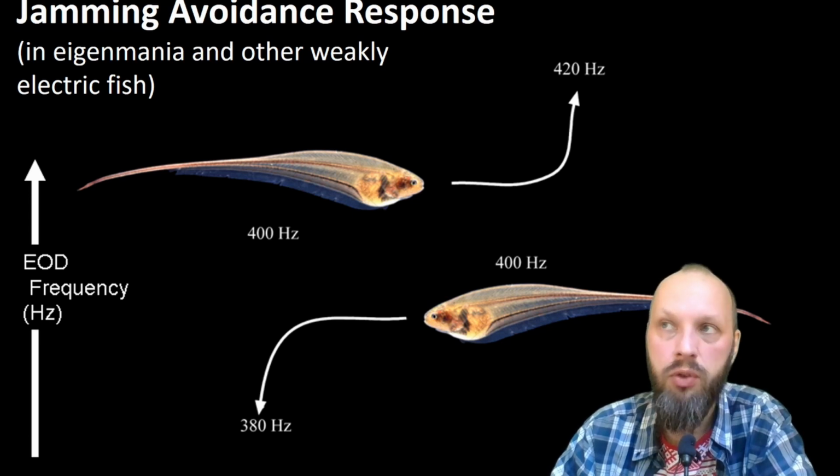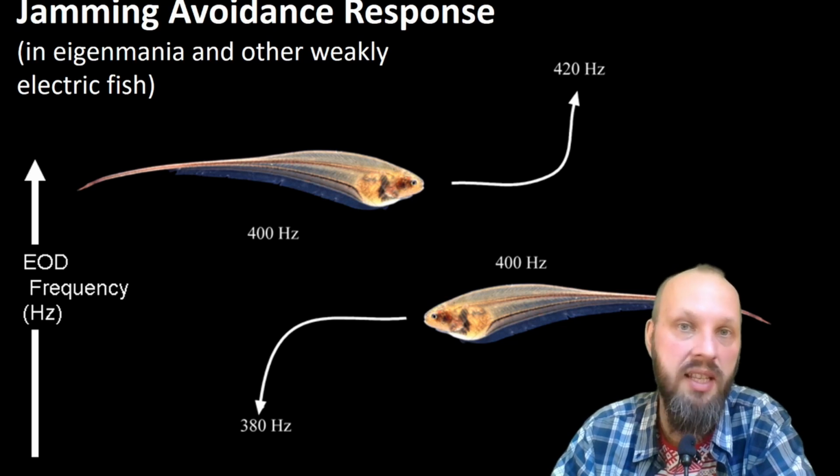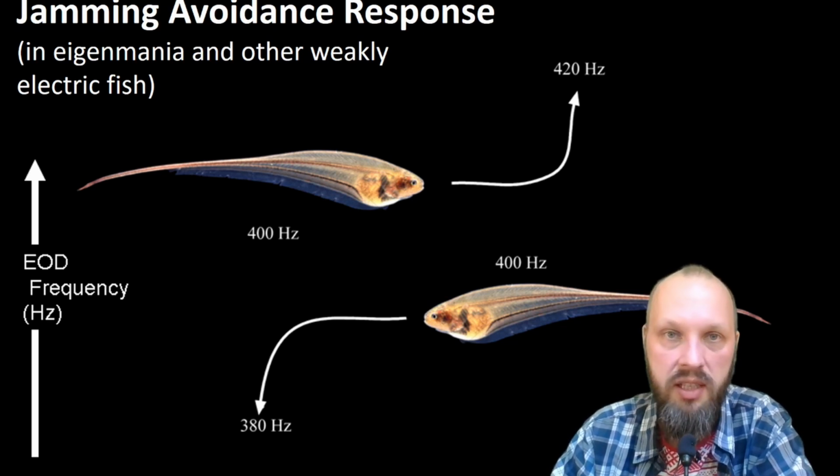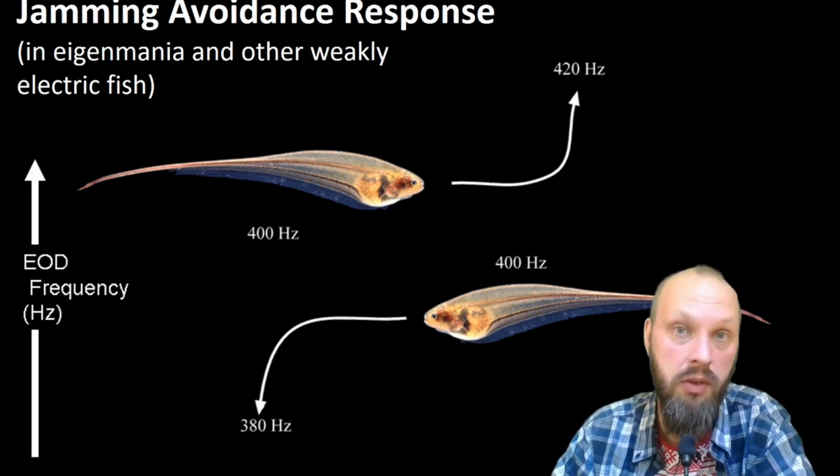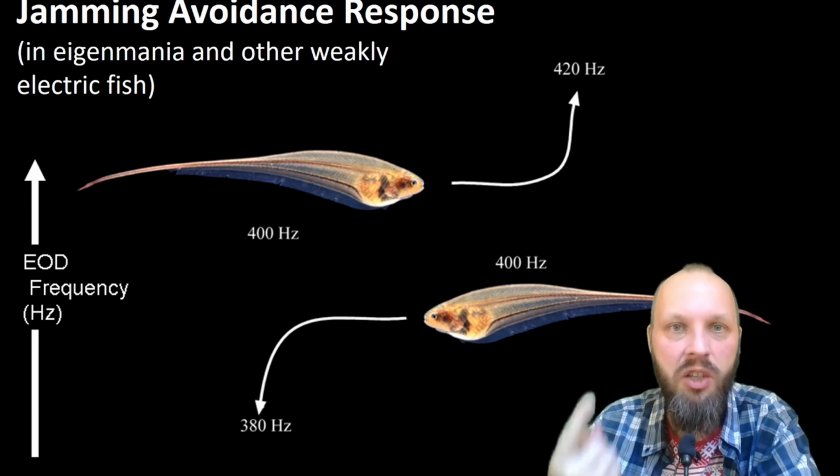So they have to have some mechanisms in order not to mess with each other's electric sensation. And they have a whole politeness about that, a whole ritual called a jamming avoidance response. If two fishes meet and they use the same frequency by default because they belong to the same species, the fish that's more respected, that's higher on the social rank, will go higher, will increase its frequency.